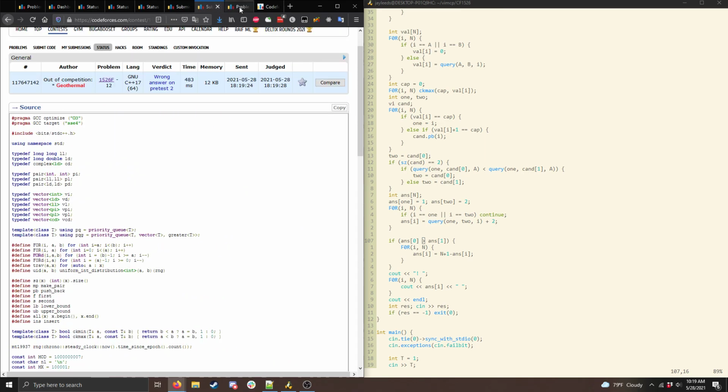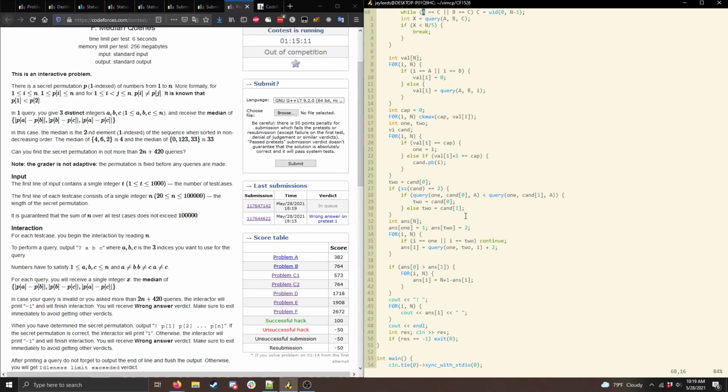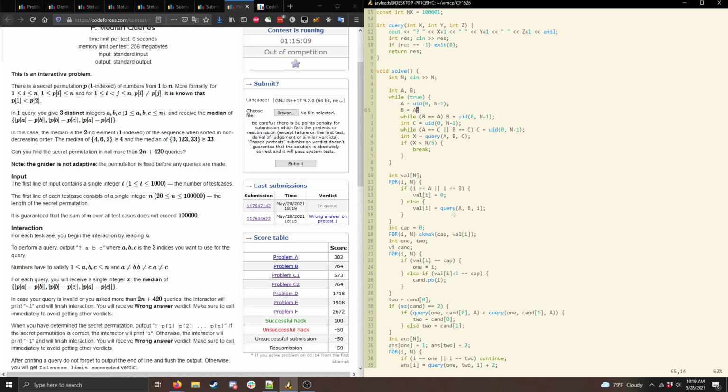Okay, wrong on pretest 2. Took a pretty long time to run, so now I'm wondering if it maybe takes more than 420 queries to get this to break.